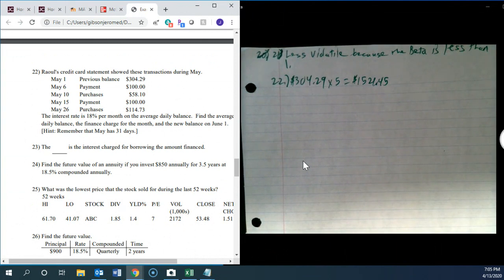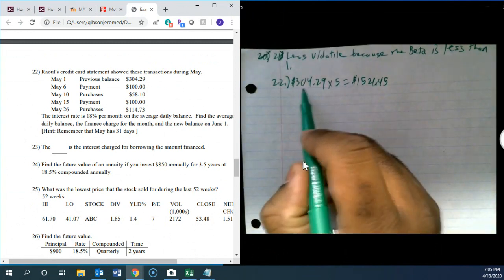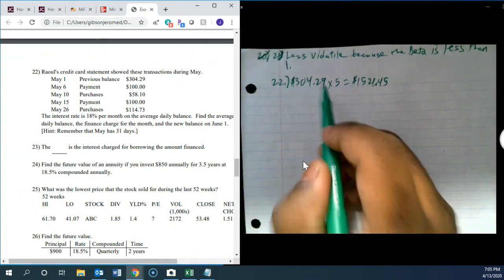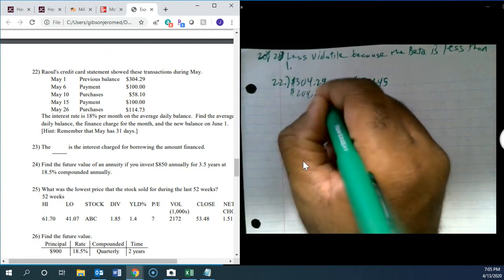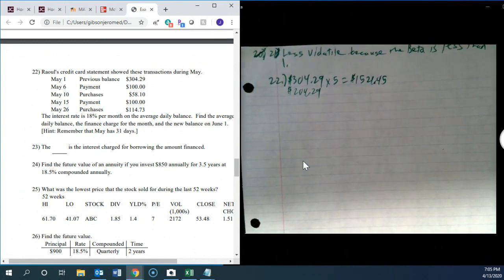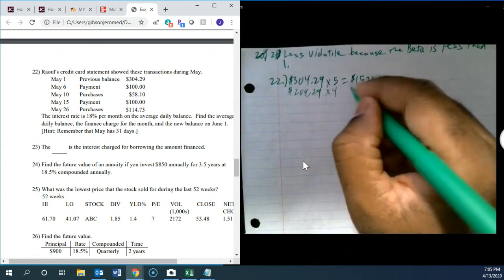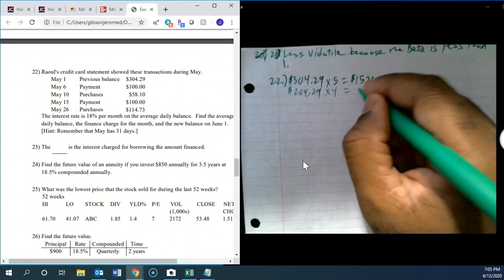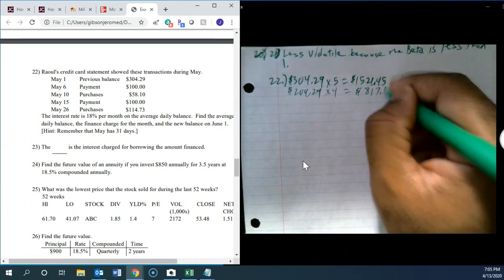Next, it says we made a payment of $100. So we're going to subtract $100 from this $304.29. So it'll be $204.29. And we will go from May 6th to the 10th. Well, basically to the 9th, because we wouldn't count the 10th. So that'll be 4 days from the 6th to the 9th. And when we multiply this, this would be $817.16.